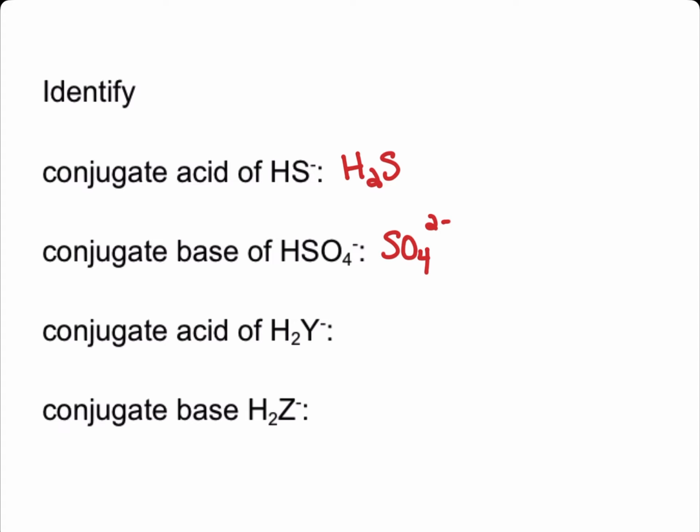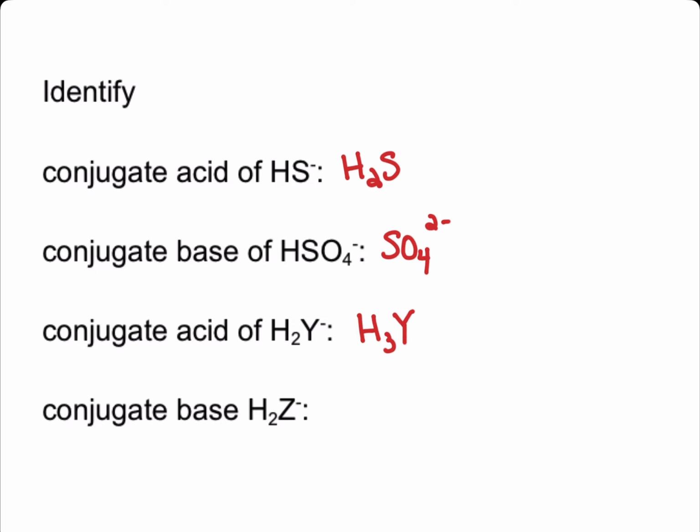Now the next ones are kind of tricky because Y and Z are not real elements. Identify the conjugate acid of H2Y-. That means imagine H2Y- as a base. Bases accept a proton. So I'm going to crisscross these charges, and I'm going to get H3Y.